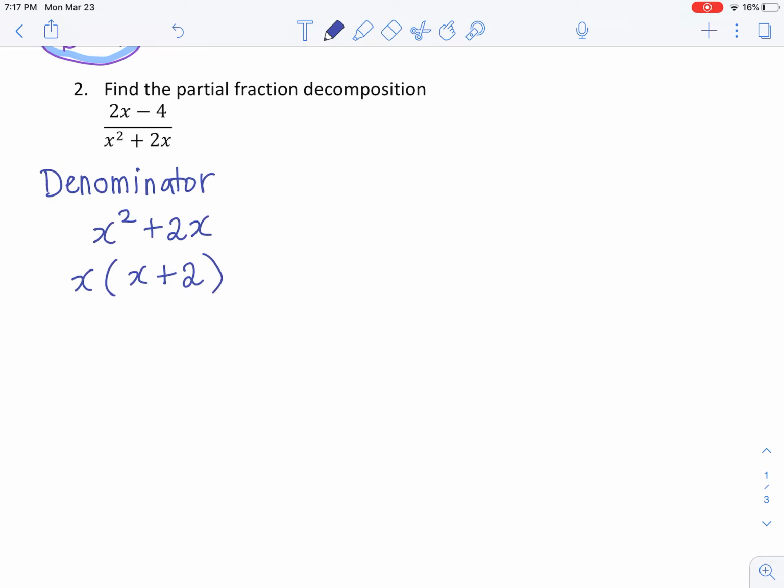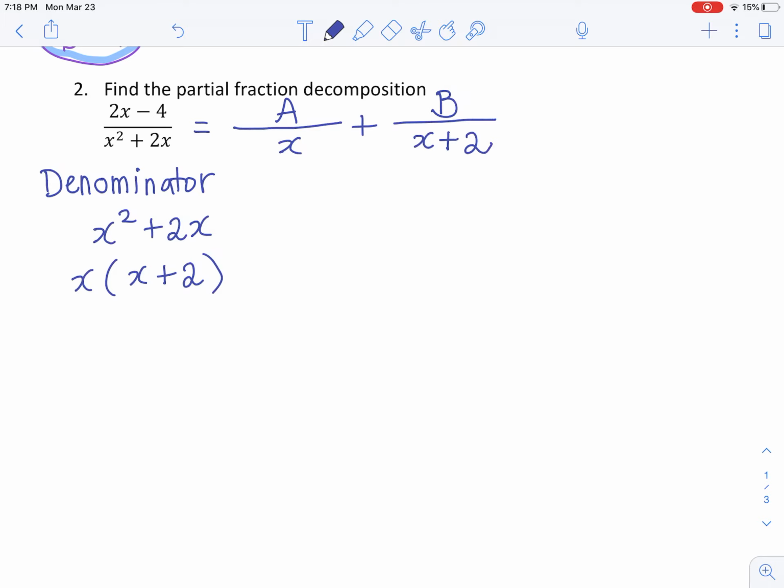The first thing you need to do when you want to do a partial fraction decomposition is make sure the denominator is factored, so that we can rewrite this as something over x plus something over the second factor of x plus 2. Just put A on top of the first fraction and B on top of the second fraction.